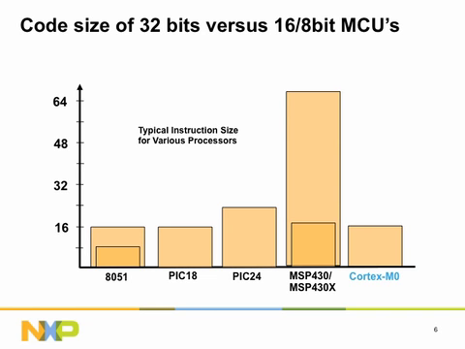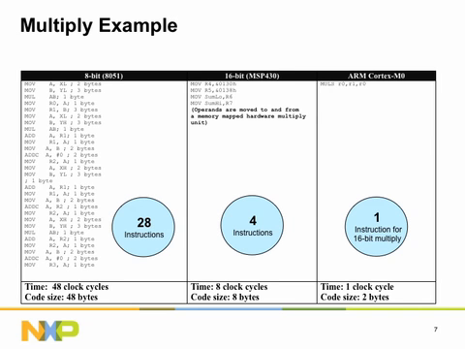Since the instruction set for the Cortex-M0 is mostly 16 bits, it's clear from this instruction width comparison that the code size for the LPC1100 has a good chance of being the same size or smaller than most 8 and 16-bit processors. Instruction width is not the only factor to determine eventual code size.